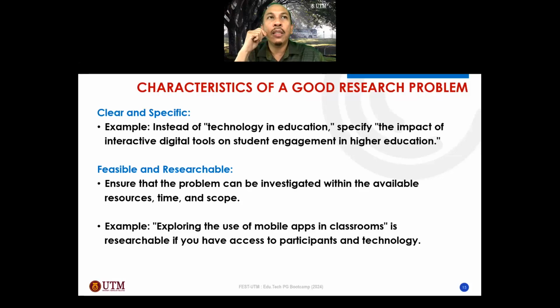Sometimes you cannot have that in your chapter 1. Sometimes you move that area to your chapter 3. For example, in a research where the student has already confirmed, okay, prof, I want to specify my target group is mathematics students in secondary school.